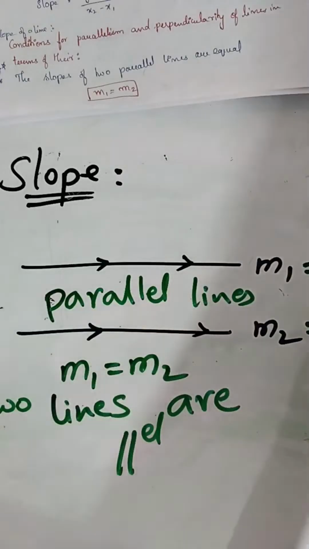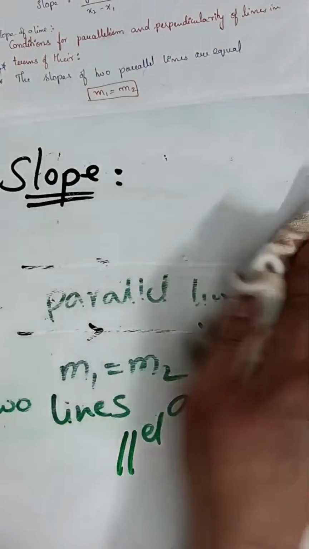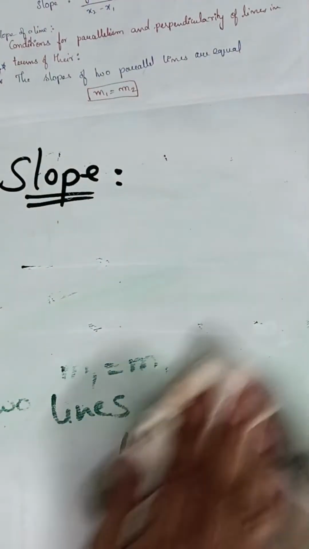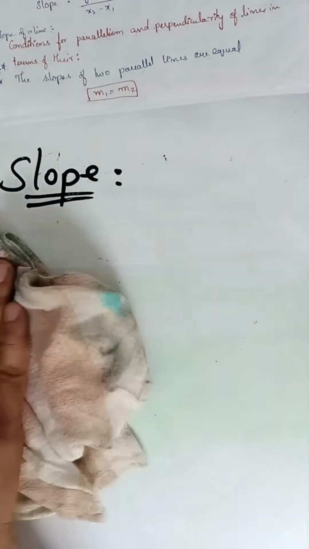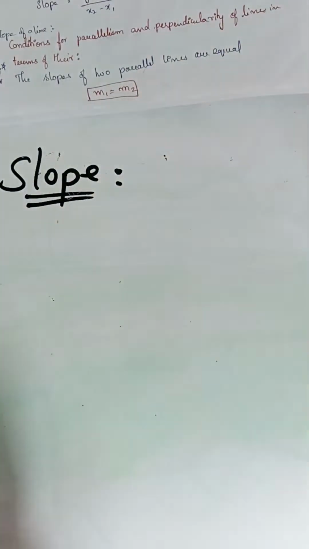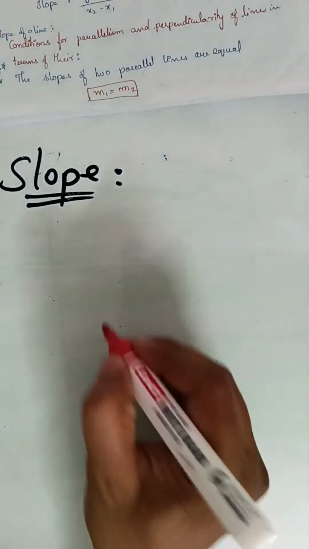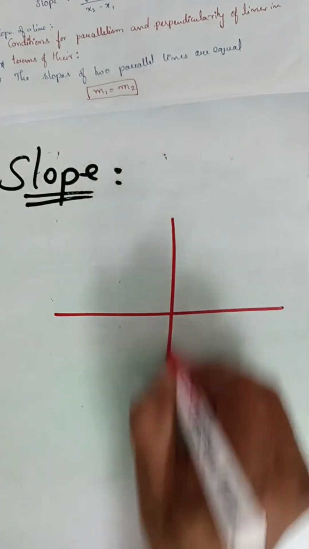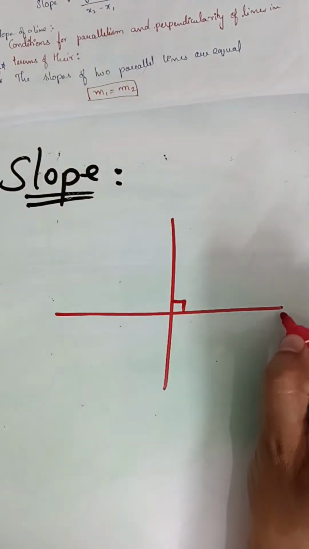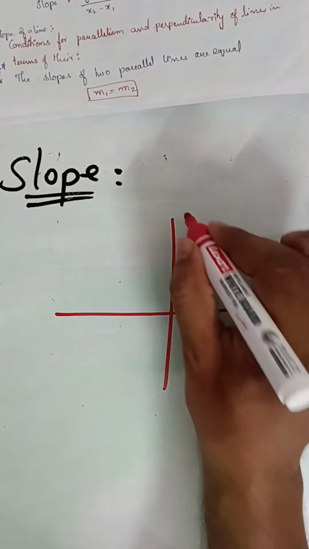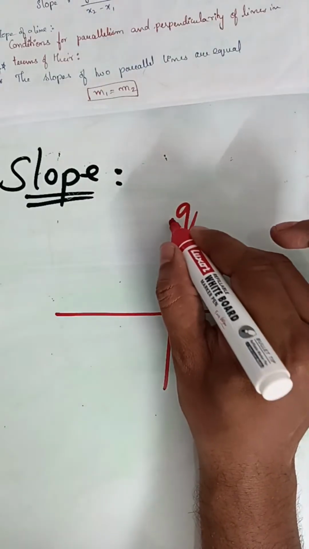Now this is about parallel lines. Next, what about perpendicular lines? Line P, line Q.